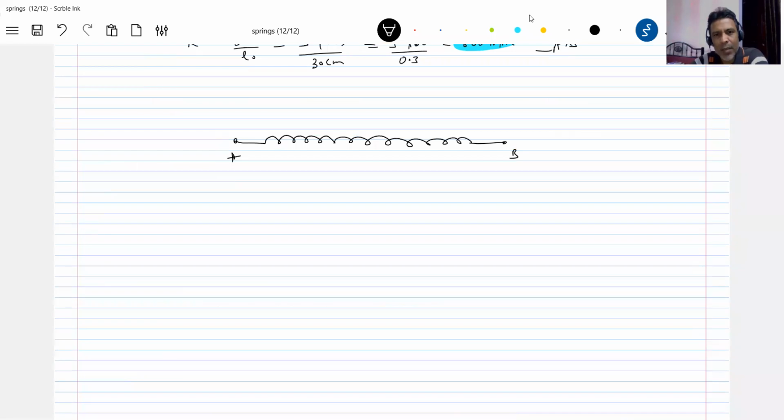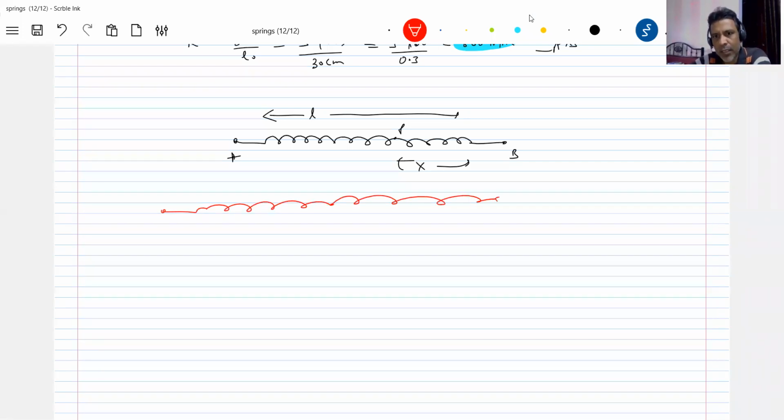Now what I'm asking is a point on a spring which will be at rest, and the length of the spring, let it be L. So this is given displacement, and I'll give displacement in opposite direction. Now, what is the next question I'm asking? Find the location of the point on a spring which will be at rest.